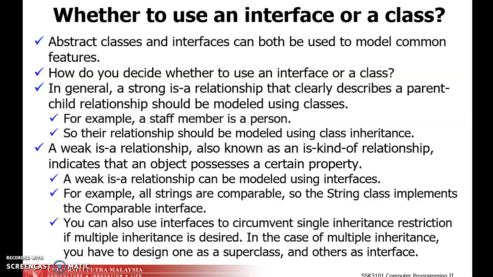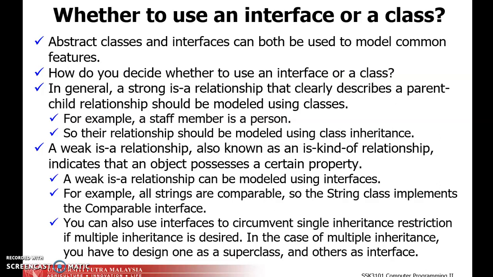According to the chapter on inheritance, which we have learned a long time ago, a strong is-a relationship of a class can be represented by composition, while a weak is-a or has-a relationship can be represented by aggregation.